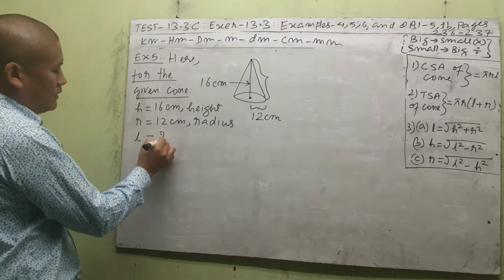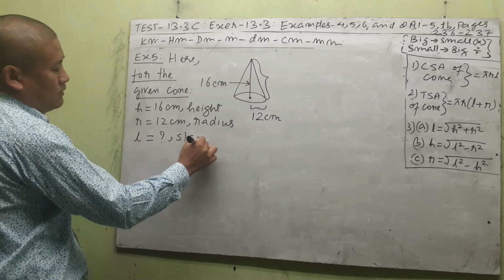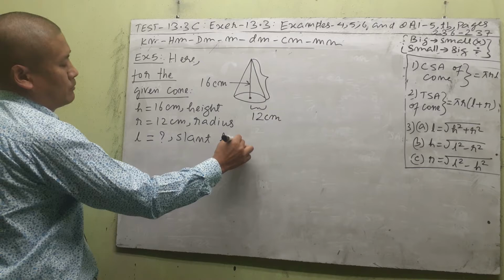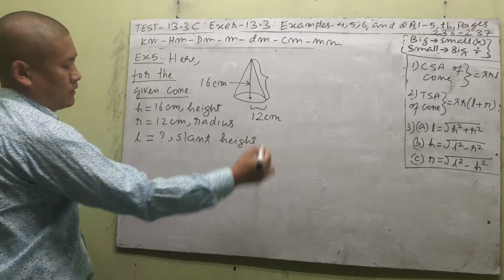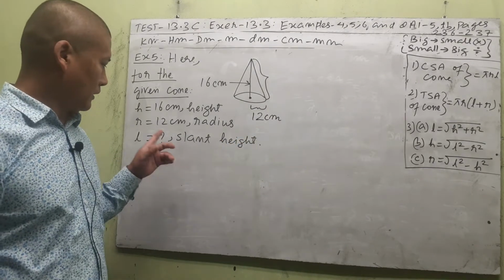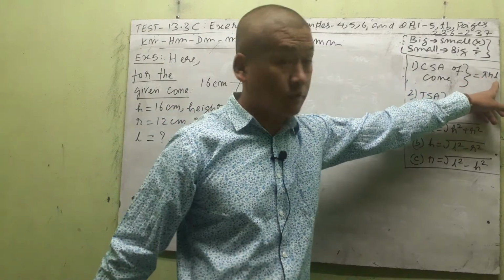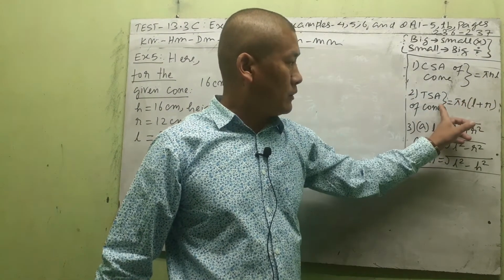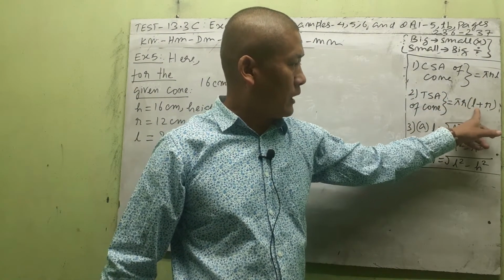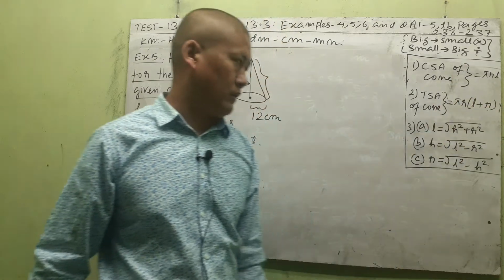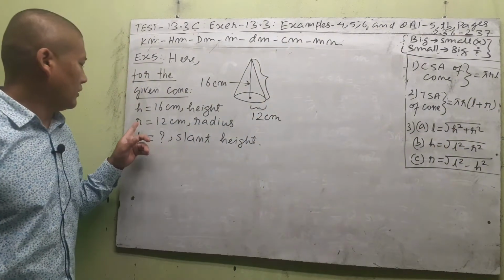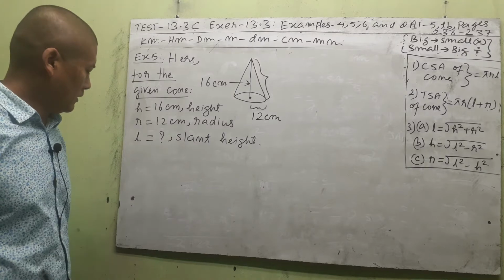We'll be needing L, which is the slant height, because the question is asking us to find the curved surface area, which is pi RL, so we'll need L, and total surface area of the cone, pi R into L plus R. So in both we need L, so we already have R, but we need the L.